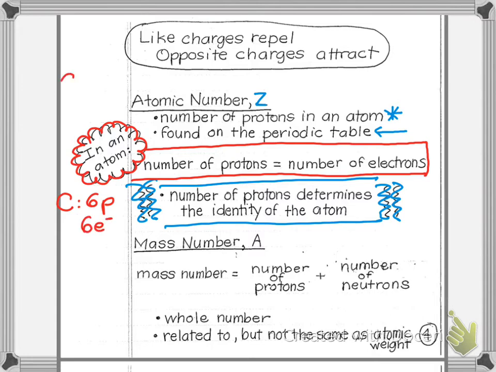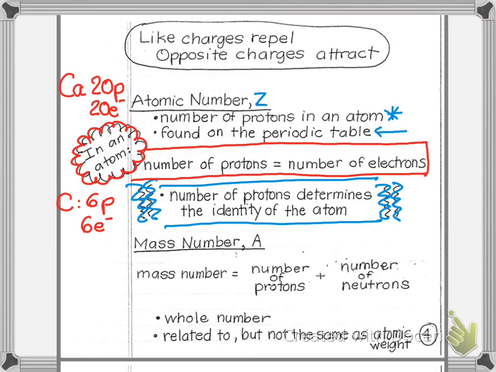We also looked at calcium on the previous page, and it had 20 protons. And I know these because I've done them a lot, but you don't have to memorize them. Look at your periodic table. If calcium has 20 protons, I would know it has 20 electrons. So the number of protons is equal to the number of electrons in an atom.